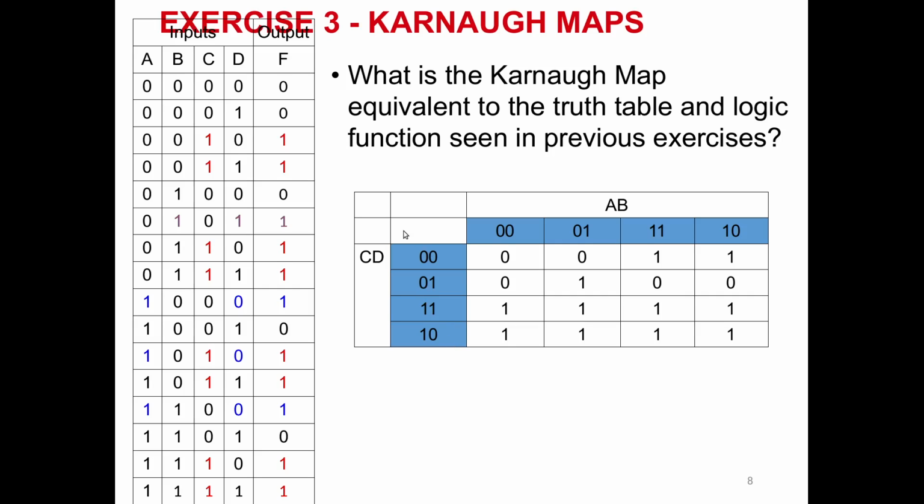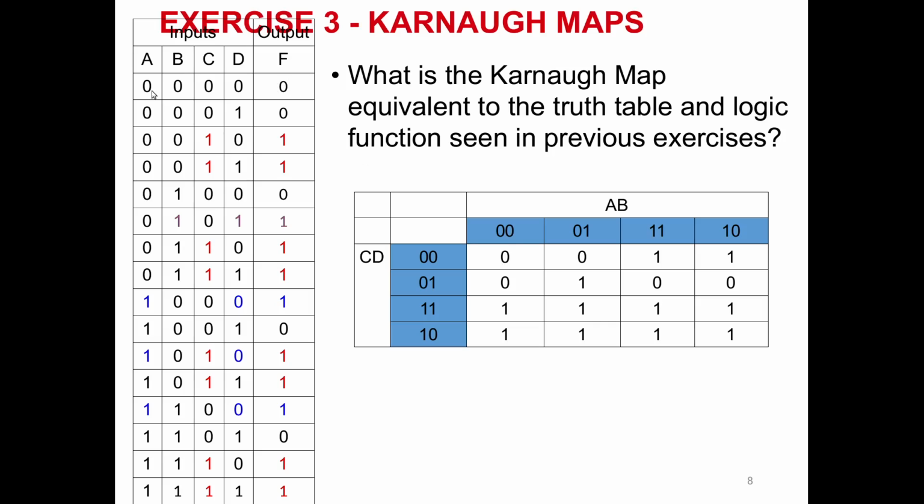The next step is we look into the truth table and we take the output value and fill it into each element of this table. So for the input value of AB 0 0, CD of 0 0, which means that inputs A, B, C, D are 0 0 0 0, the output F is 0, and so we take this value and fill it here.